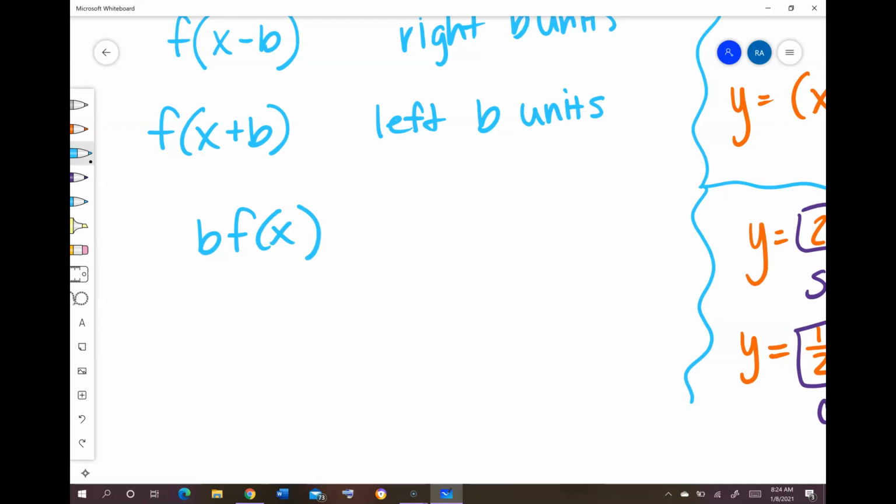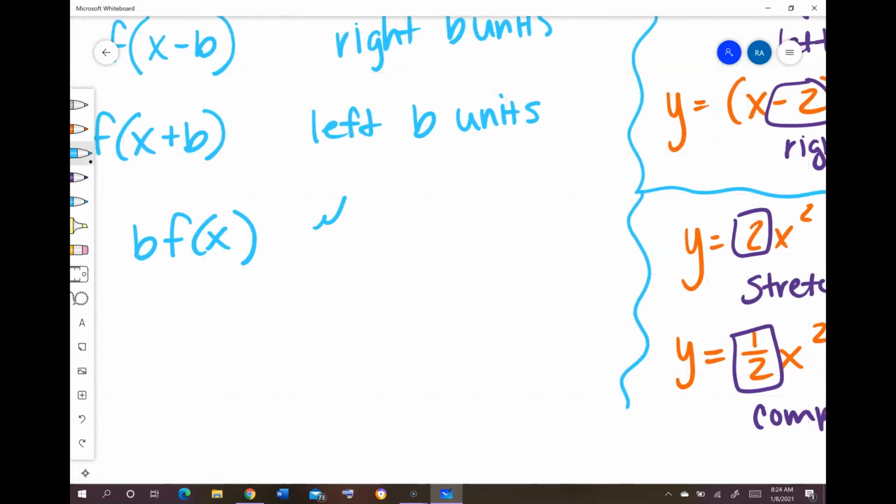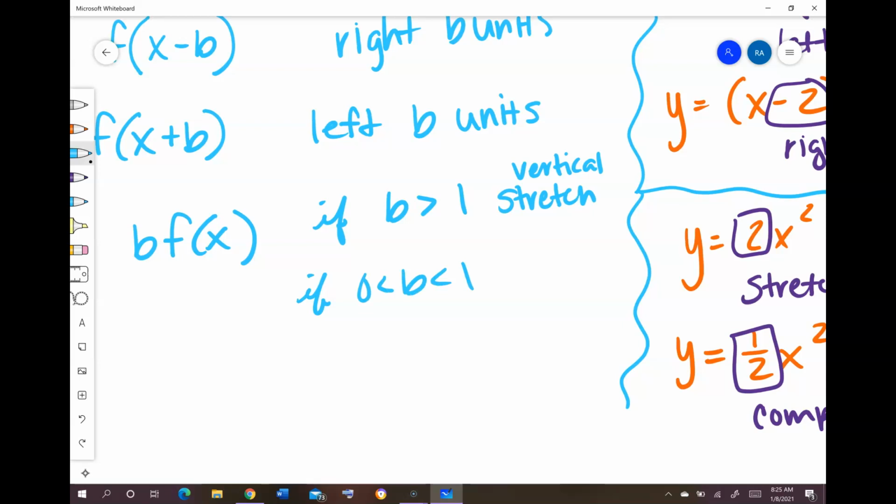Now there's going to be some rules on b. If b is greater than 1, then we say we made a stretch, a vertical stretch, okay? Vertical means up and down, okay? We're not going to do horizontal stretch and compress yet because that's going to be in your next math, okay? But you do need to know that this is a vertical stretch, not just a stretch, it's a vertical stretch. Now, if b is between 0 and 1, it's going to be a vertical compression, okay?